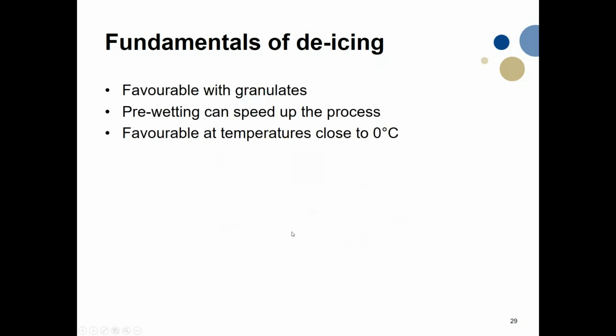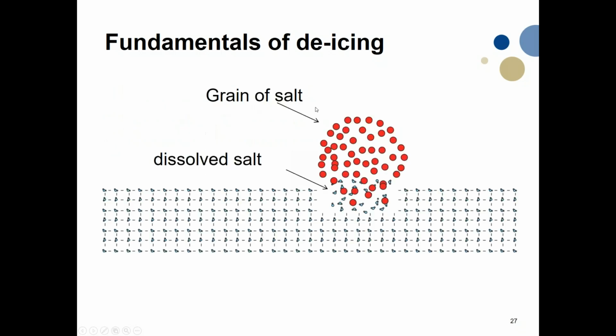But what you could do is pre-wet your grain, because if you go back to this system here, if we do not pre-wet and we have just a grain of salt laying on top of a piece of ice, there is no solution. There is no favorable place for these molecules to go into, and there's no dance floor.